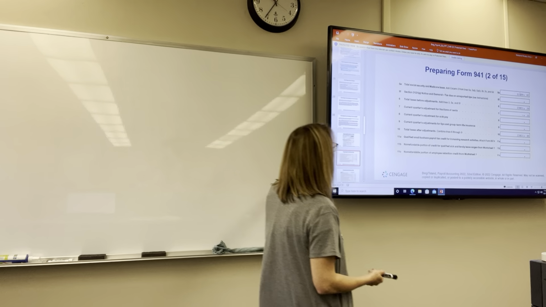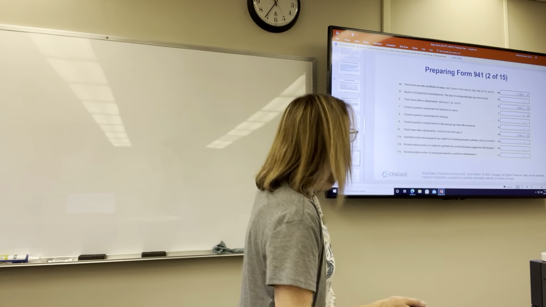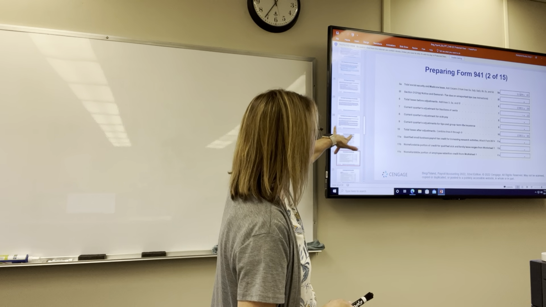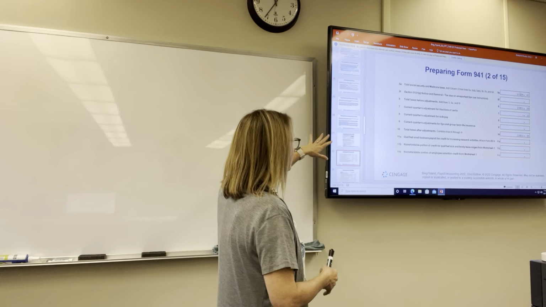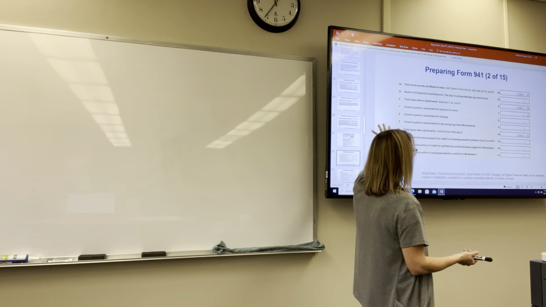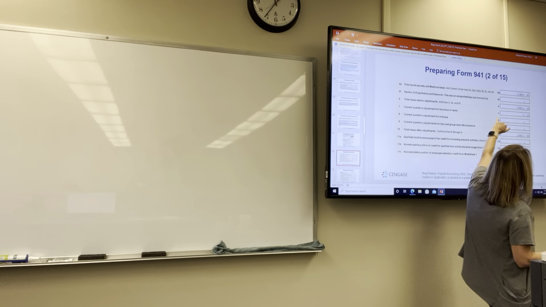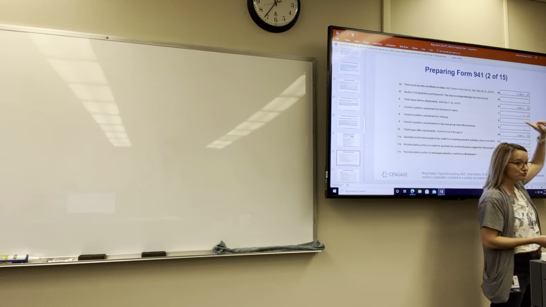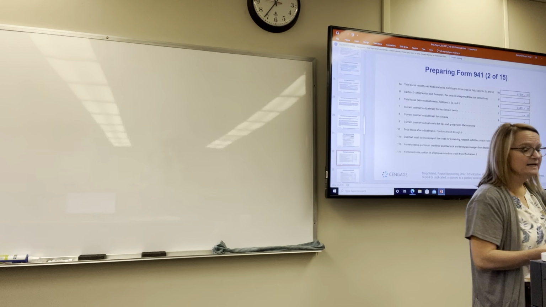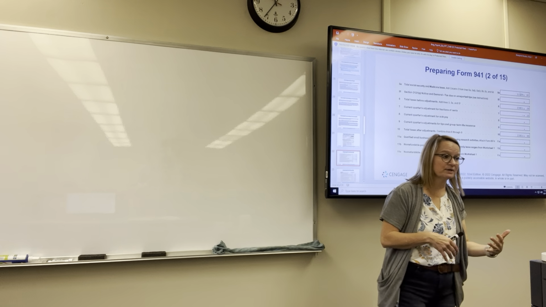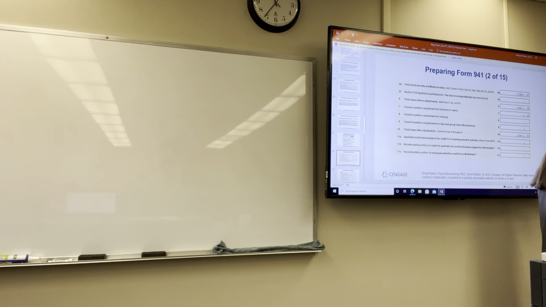We don't have anything on line 5F. That's getting a little bit advanced for an introductory payroll class. You'll see there are several of these lines that we don't really talk about because they are more advanced subjects. Line 6, we are now going to add up the total Social Security and Medicare taxes that are due and the federal income taxes that have been withheld. So this line is for a total of all of those taxes.